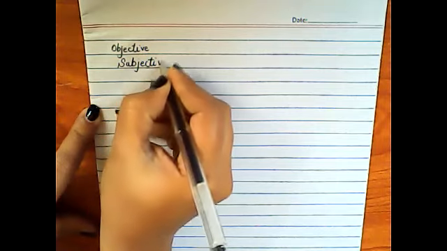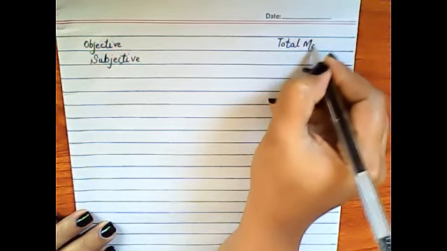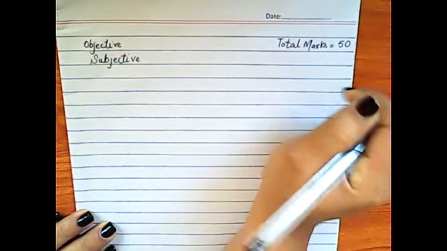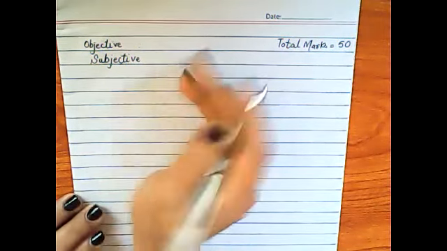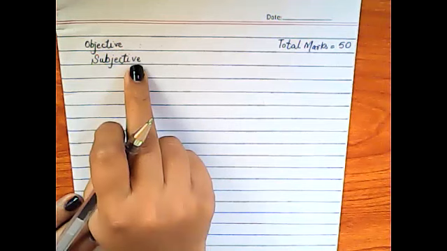Understand? There are two sections and the total marks for the paper will be 50 marks. Obviously, these 50 marks will be divided between the objective and subjective portions.